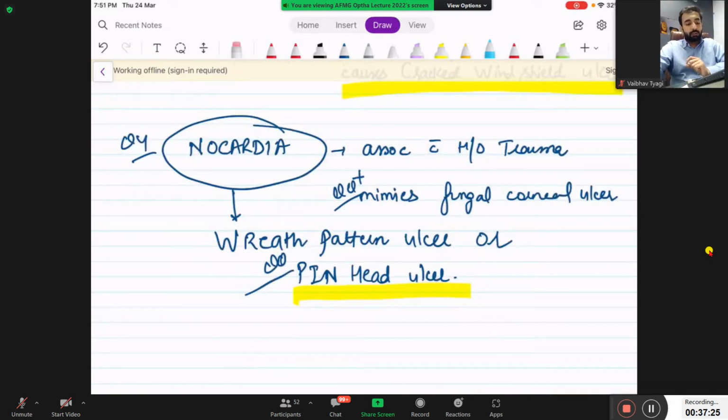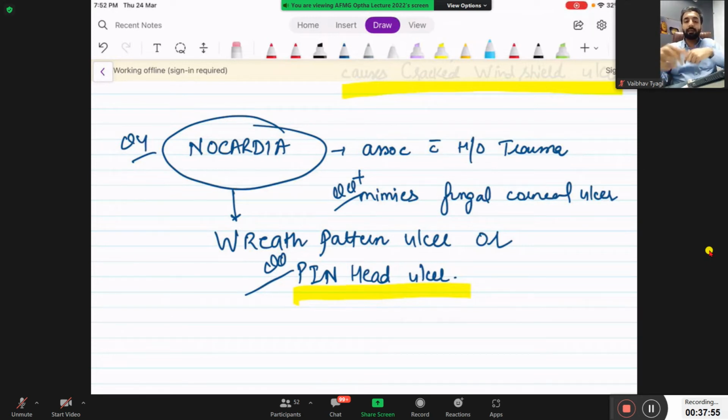Now tell me, I have told you in the definition, what is the definition of an ulcer? That there has to be a corneal epithelial defect. Discontinuity in the corneal epithelium has to be there. Only then there will be secondary inflammation and infiltration of the cornea, right? But there are certain exceptions. There are certain bacteria which can invade intact corneal epithelium without any epithelial defect.